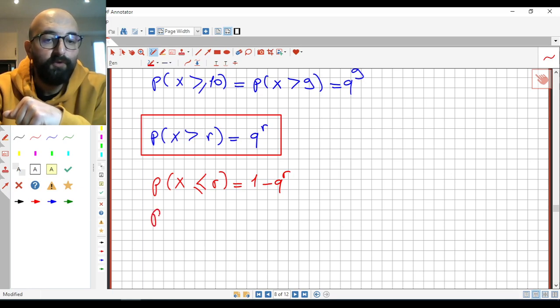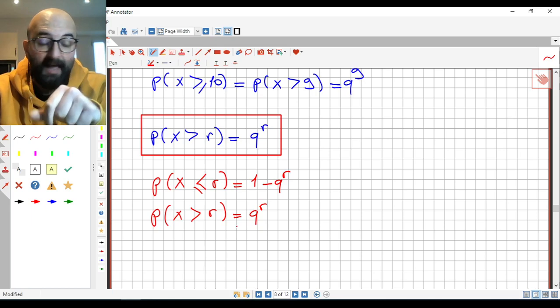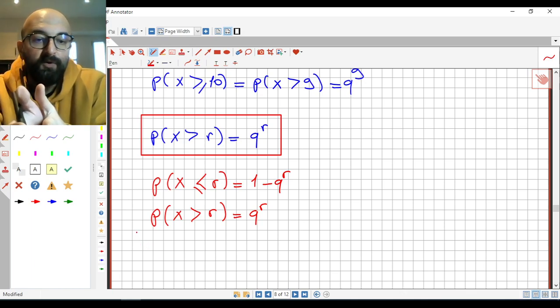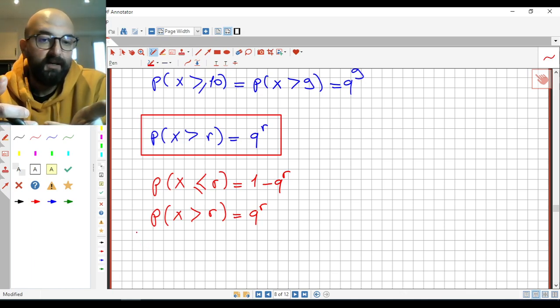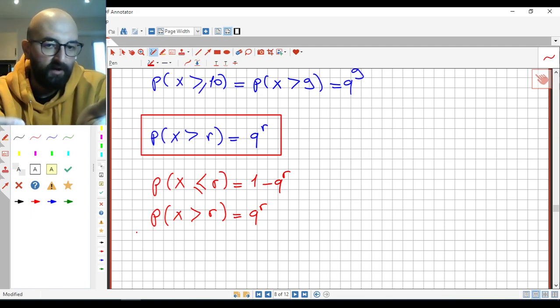If we are looking for the probability of x greater than r, it is q to the power of r. Please notice that, and please be aware of this situation. Which situation can I come across if I sum or add these equations?